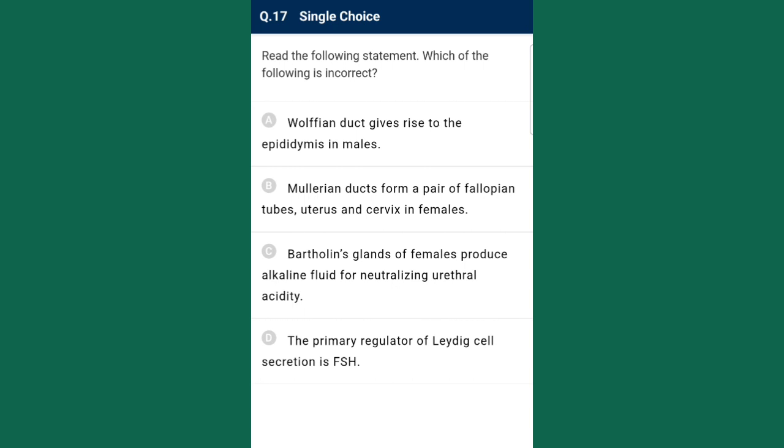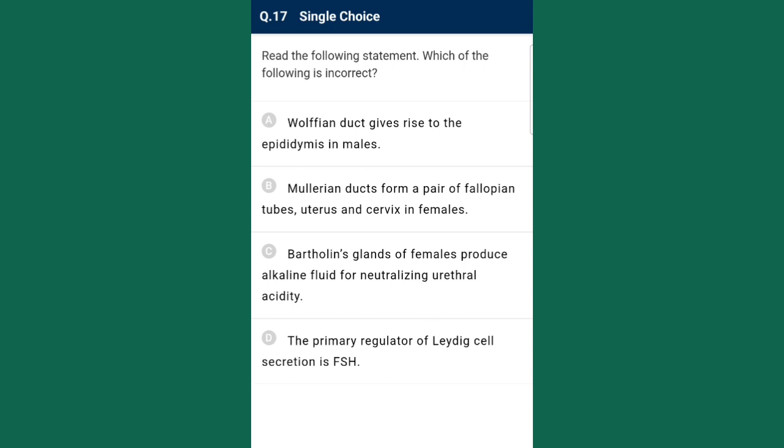The growth, functioning and maintenance of secondary sex organs such as epididymis, vasa deferentia, accessory glands and penis are under the control of testosterone hormone secreted by Leydig cells of the testis, which in turn is controlled by ICSH secreted by adenohypophysis, while the seminiferous tubules are controlled by follicle stimulating hormone.